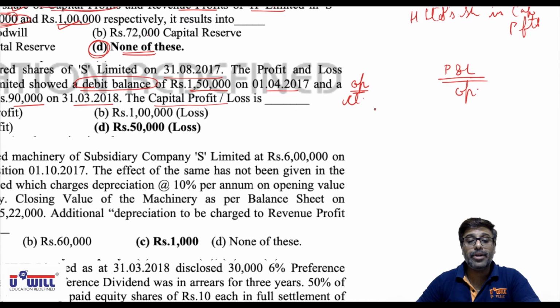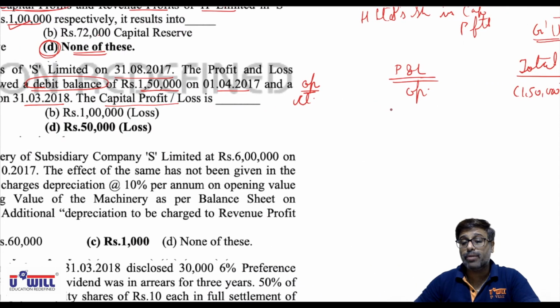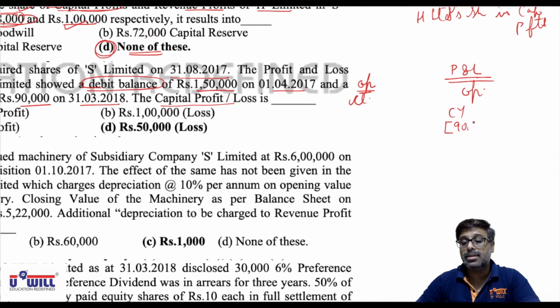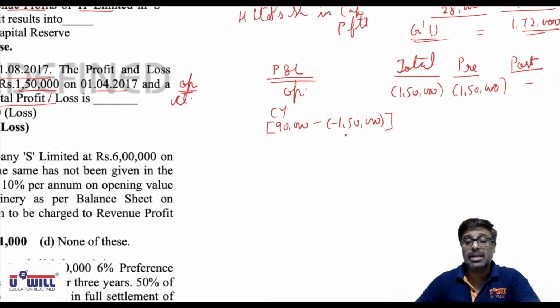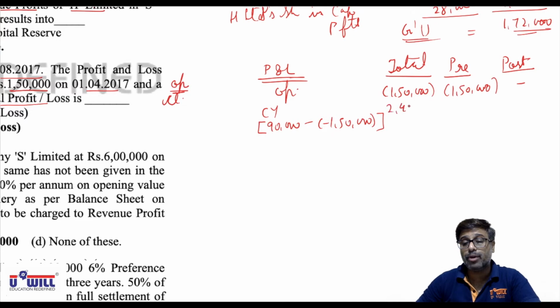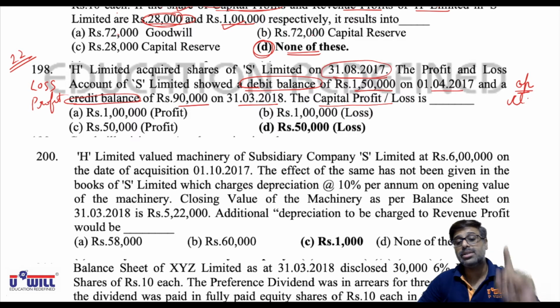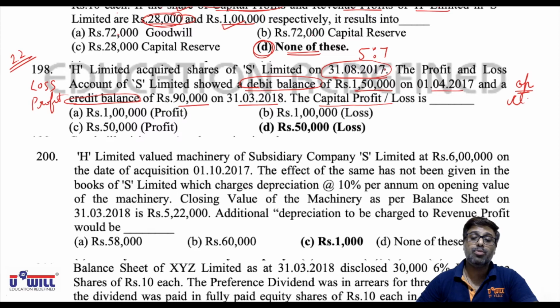And then profit during the year, we'll find closing minus opening. So what will be the profit of current year? Closing is profit of 90,000 minus opening is loss of 1,50,000. So minus minus will become plus. 90,000 plus 1,50,000, 2,40,000. Now, since you have acquired the shares on 31st August, April, May, June, July, August, 5 months is pre-acquisition period and 7 months is post-acquisition period.